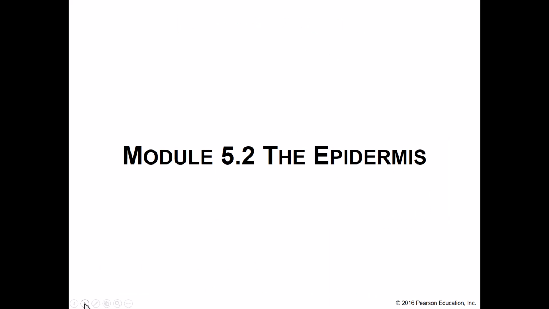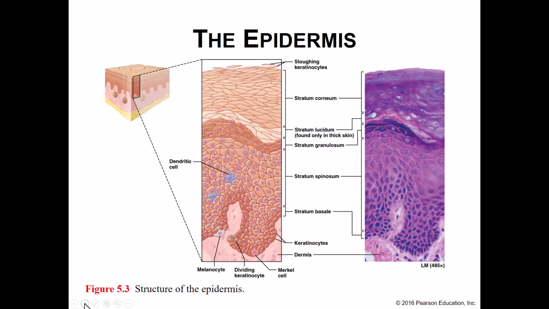So let's look at the epidermis in more depth. The epidermis itself is made up of 4 layers, no matter where you look at it. But we have this other layer, the stratum lucidum, that we only find in thick skin. And thick skin is predominantly found on the palms of your hands and the soles of your feet.